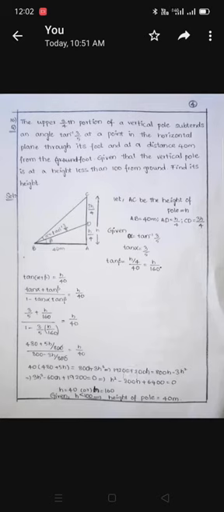So we get a quadratic equation in h: 3h square minus 600h plus 19,200 is equal to 0. Taking 3 common, we simplify the quadratic equation to h square minus 200h plus 6,400 is equal to 0.